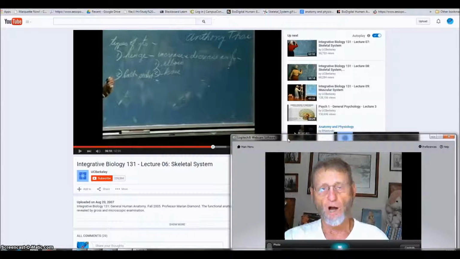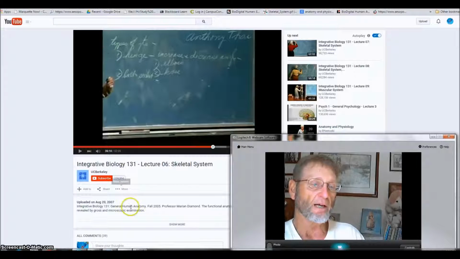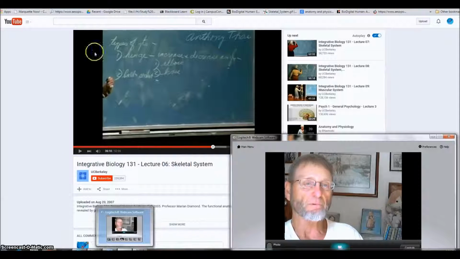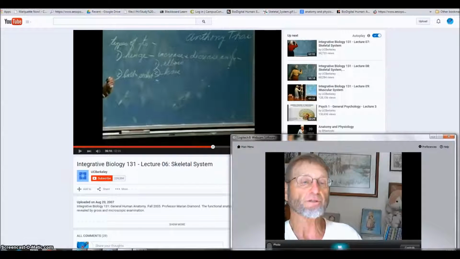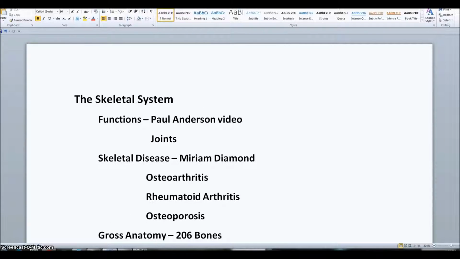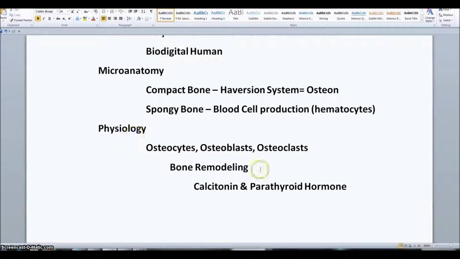So there's always bone remodeling going on, and it's a feedback system. You remember reading about feedback systems with respect to homeostasis, okay? And we'll be talking about a little bit of that when we get down here to physiology. But basically, I can mention this now.